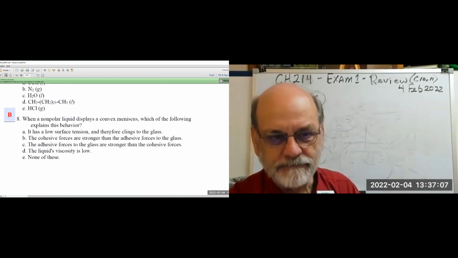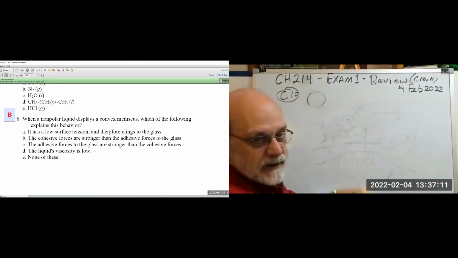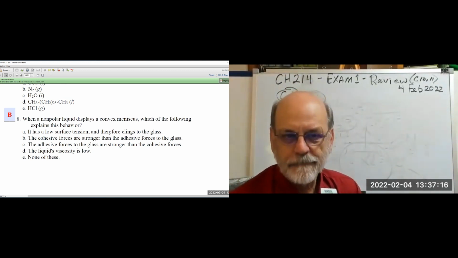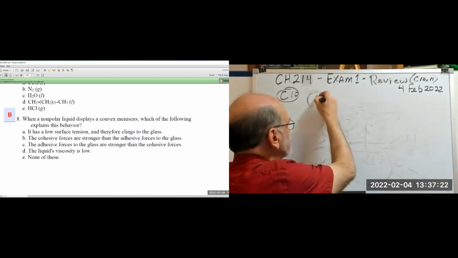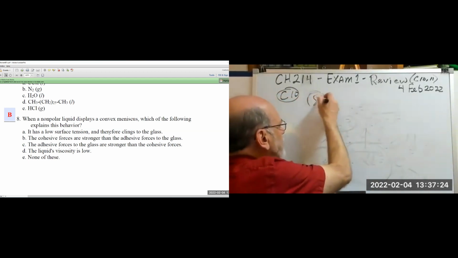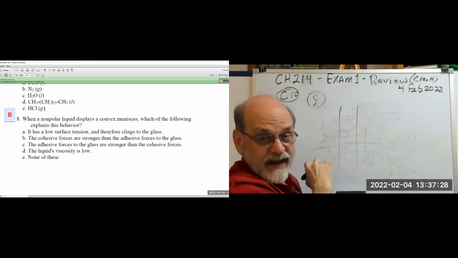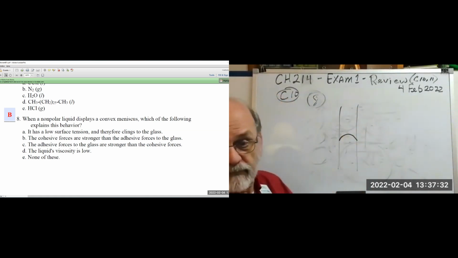How about number 8? When a non-polar liquid displays a convex meniscus. Okay, a non-polar liquid. See this? A non-polar liquid displays a convex meniscus, like that.